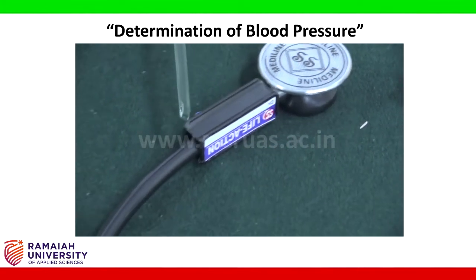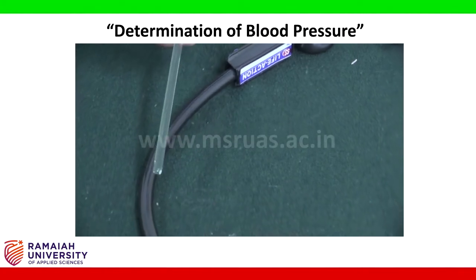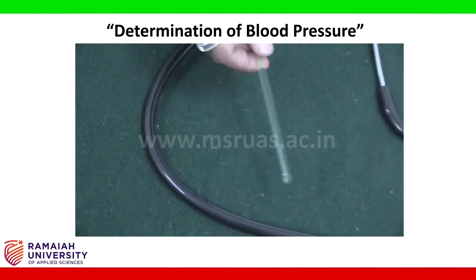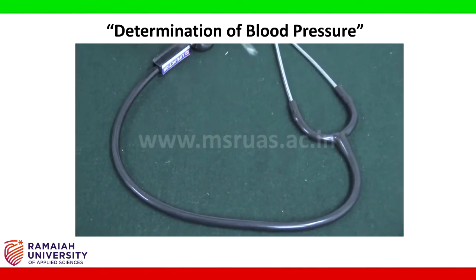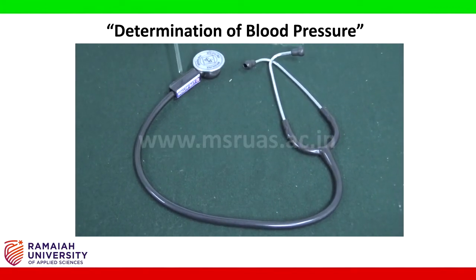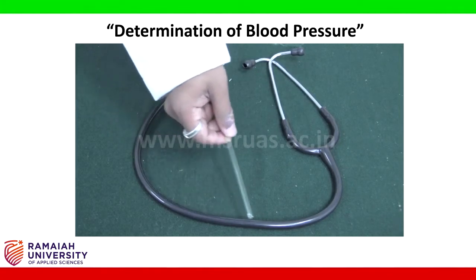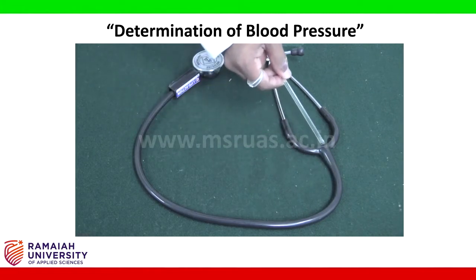Rubber tubing: a single soft rubber tubing is used in the stethoscope with an internal diameter of nearly 3 mm. It starts from diaphragm and leads to the Y-shaped metal connector which is attached with the ear frame.